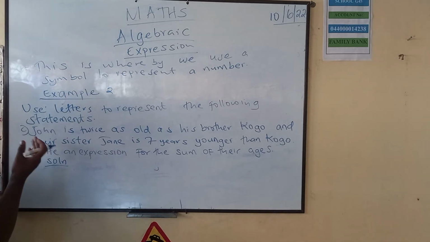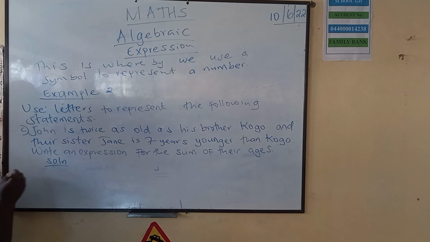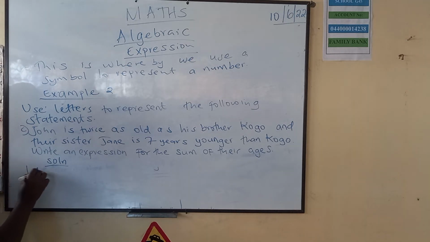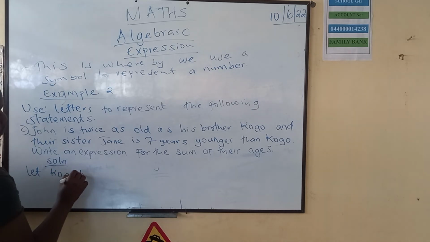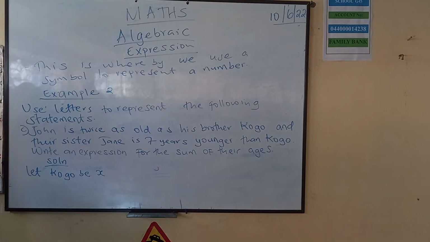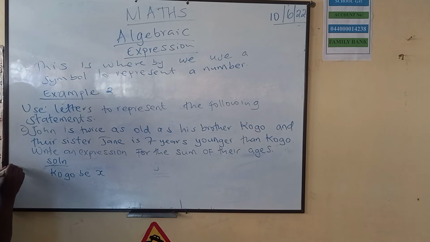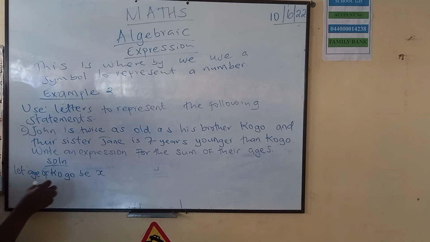So we need to solve the question with reference to Kogo. So we let the age of Kogo be x.